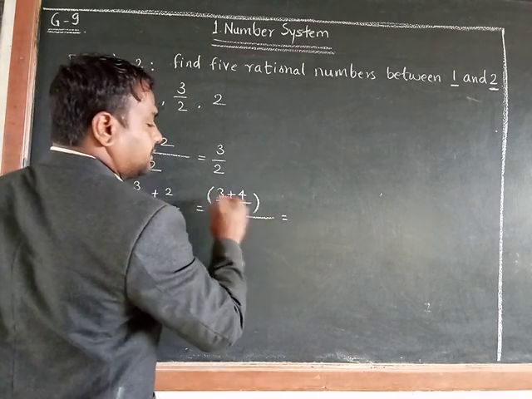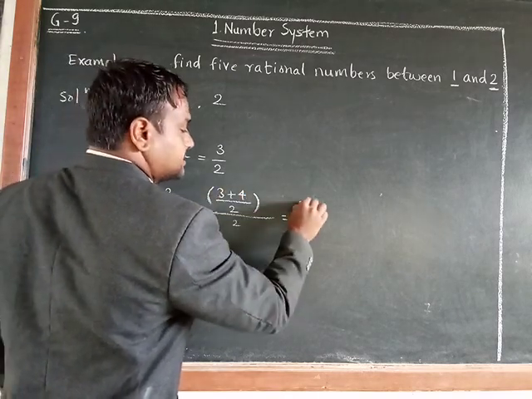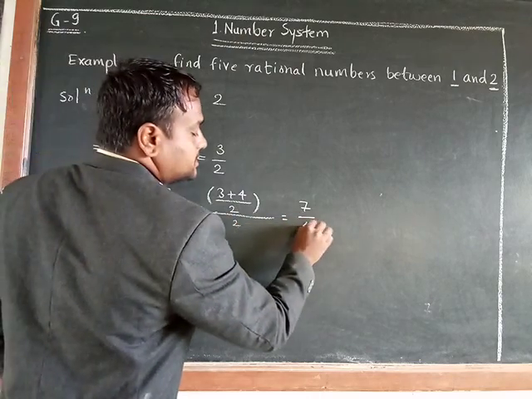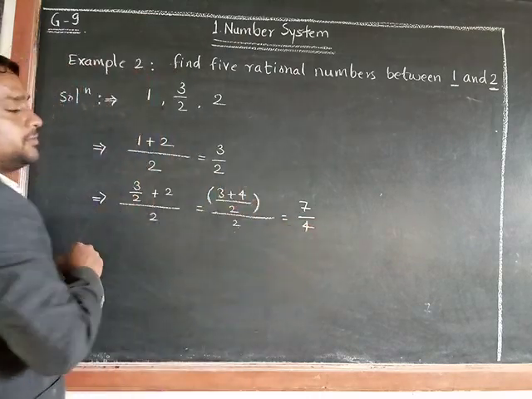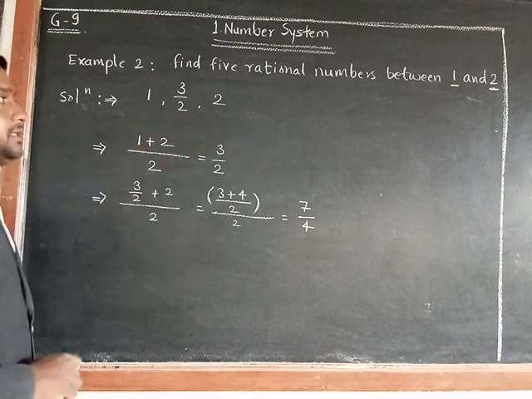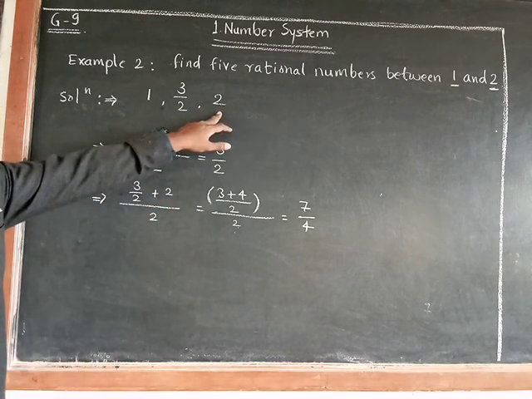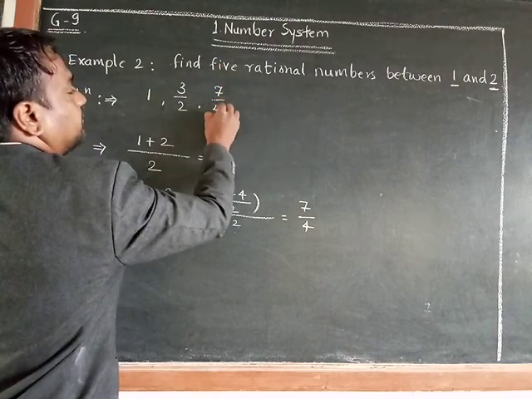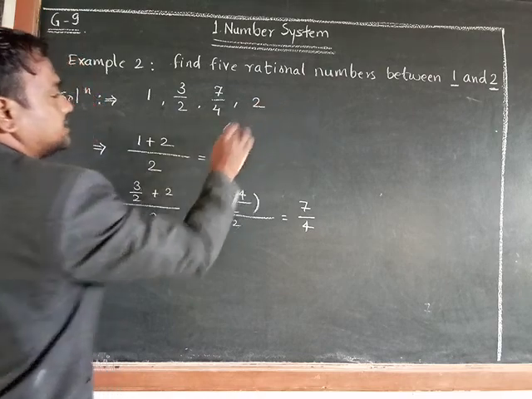So we get 7 upon 2 divided by 2, that is 7 upon 4. The 7 upon 4 is also one number between 3 upon 2 and 2.